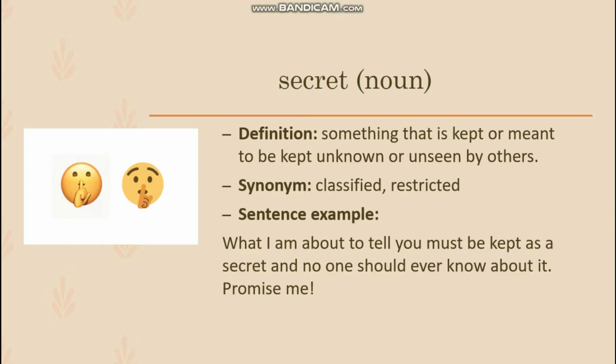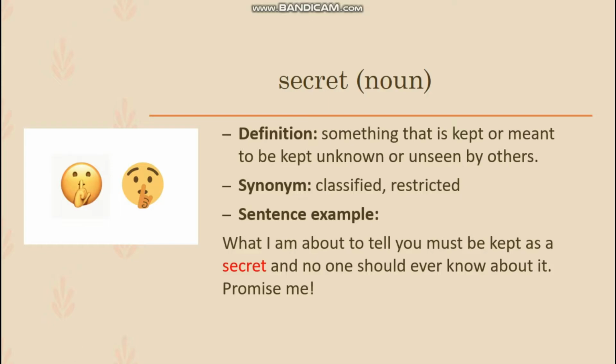Promise me. So this is the word secret here. Let me highlight it for you. So this is it for the first vocab word, secret, which is something that is kept or meant to be kept unknown or unseen by others. As synonyms, we have classified, restricted, and we have a sentence example.